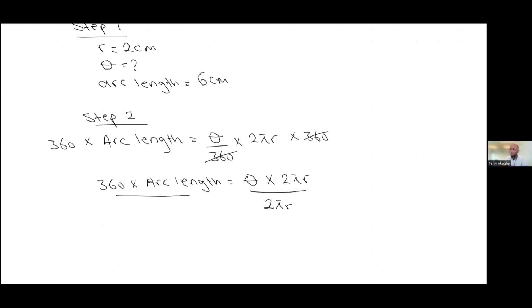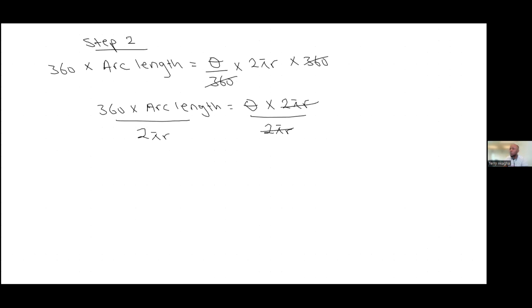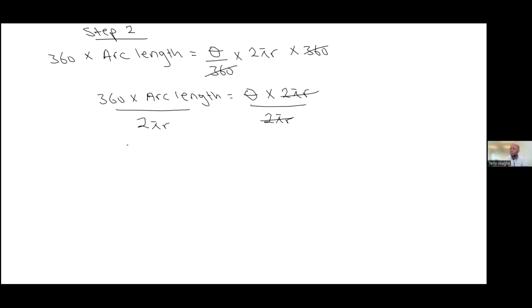Theta will be on its own now. So we can now say that theta will be equal to 360 multiplied by the arc length, divided by 2 pi r.